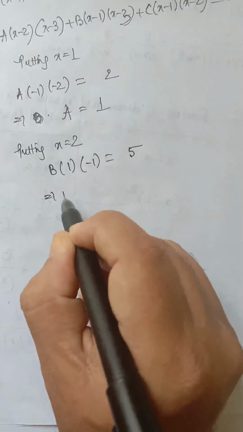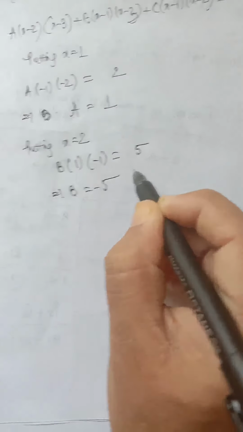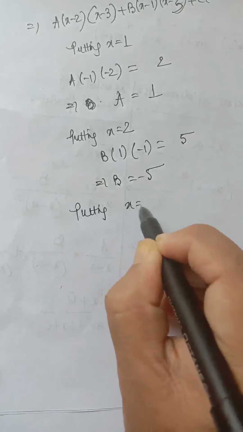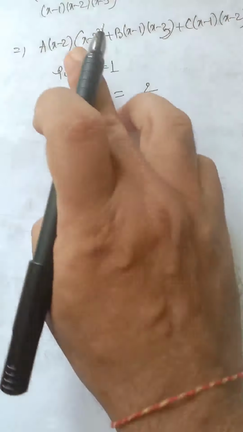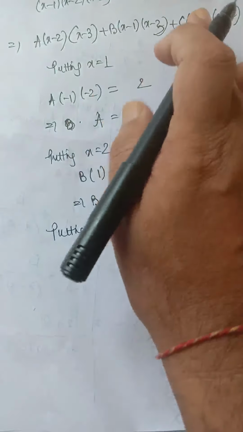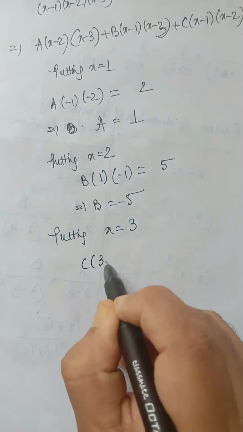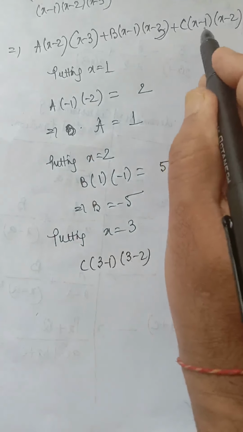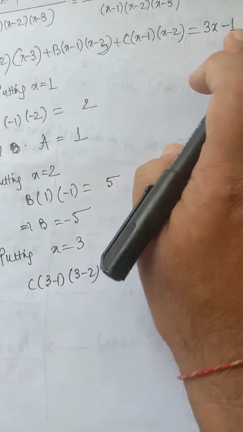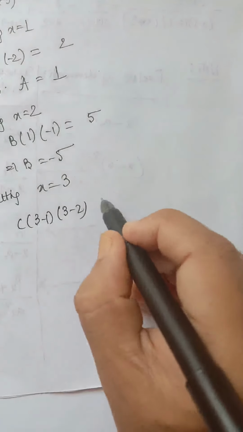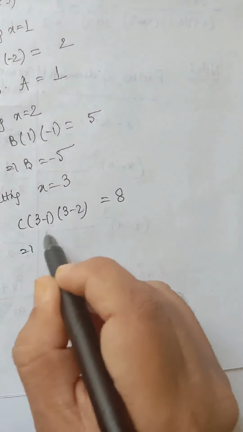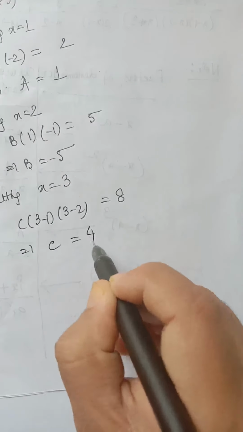So B equal to minus 5. And putting x equal to 3, the other terms become 0, and C into 3 minus 1, 3 minus 2 equals 9 minus 1, which is 8. So 2C equals 8, C equal to 4.